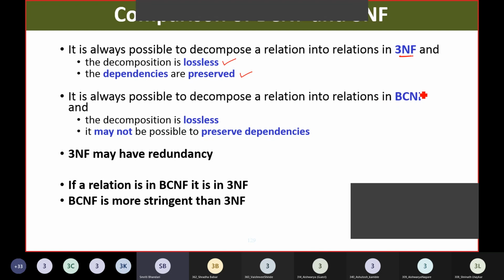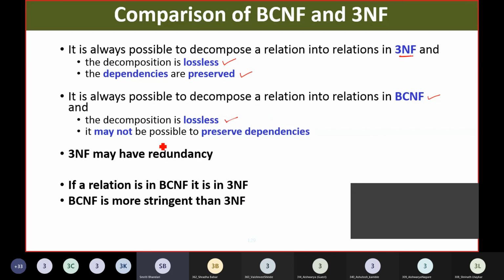It is always possible to decompose a relation into relations in BCNF, and the decomposition is always lossless but it may not be possible to preserve dependencies. Right? So in 3NF, the decomposition is always lossless and dependency preserving, but in BCNF, the decomposition is lossless but may not preserve dependencies.